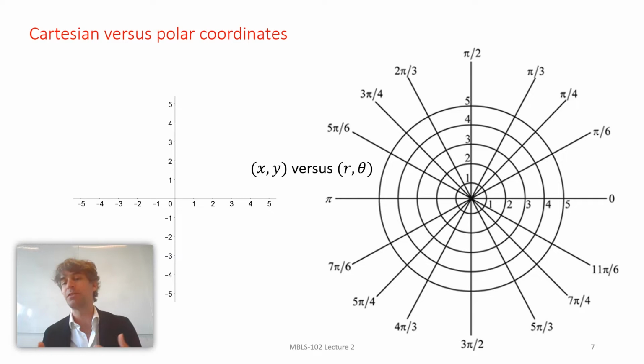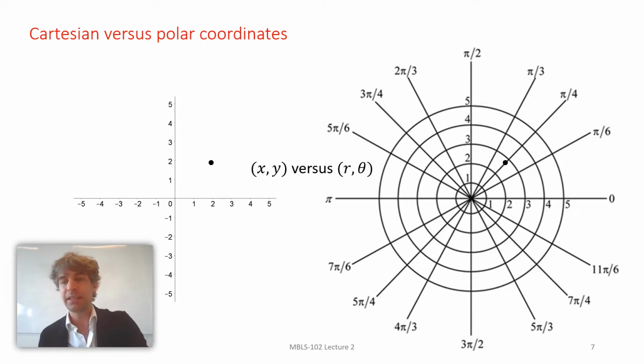And it really depends on the situation that you're describing what's best. Polar coordinates doesn't have an x and a y axis, but it sort of turns it into a coordinate system with circles and radiuses, radii. Right? So the r then gives you the distance to the origin. Those are the circles for fixed distances.